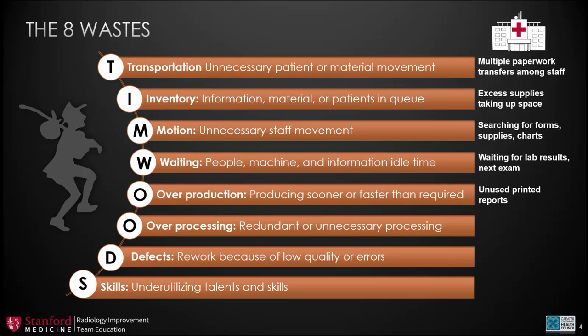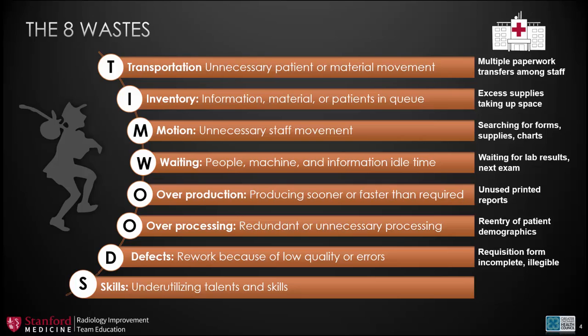Overproduction could be unused printed reports. We've all seen examples of when reports are printed sooner or faster or even more than what is actually required. Overprocessing, re-entry of patient demographics. Do you think we can get by just by entering that once? I hope we can. Defects.